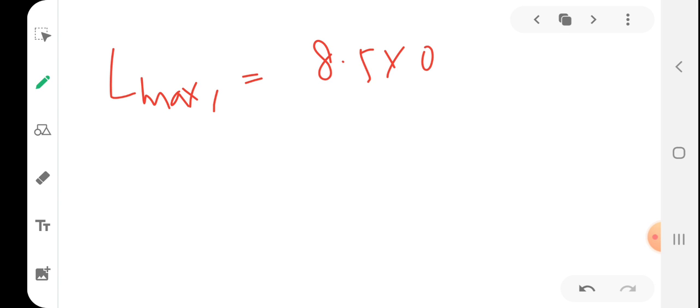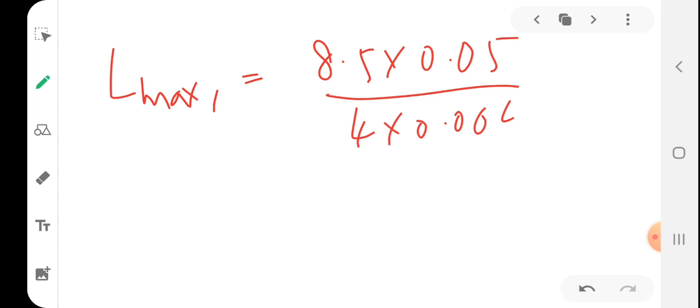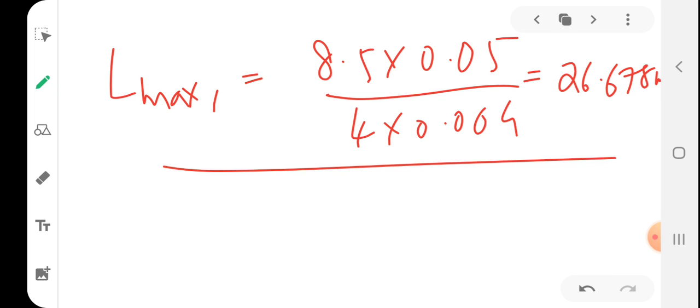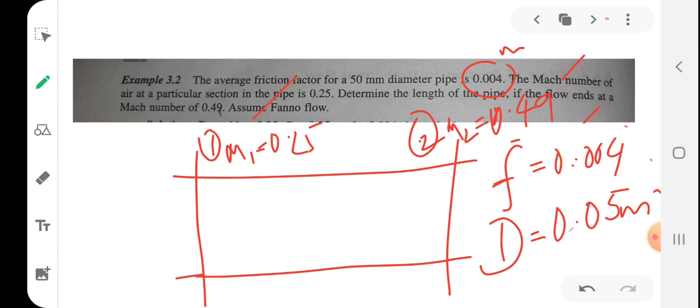L max 1 can be calculated as 8.5 into 0.05 divided by 4 into 0.004, which is around 26.678 meter.